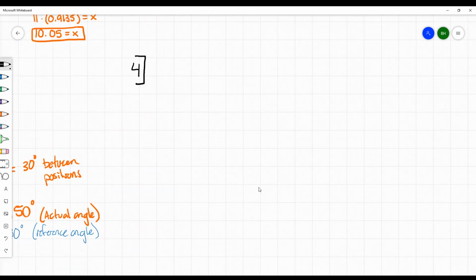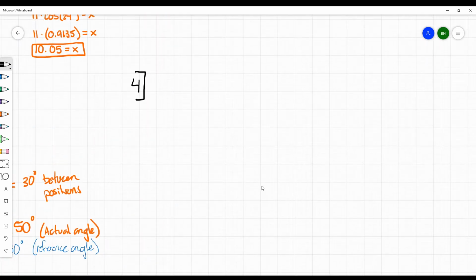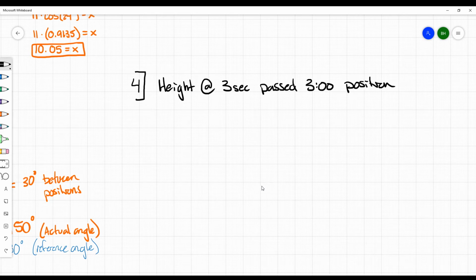So let's go ahead and summarize that first piece. Okay, so we want to find the height at 3 seconds past the 3 o'clock position. So ultimately we need some sort of theta, and we need to figure out what theta is to answer that question.